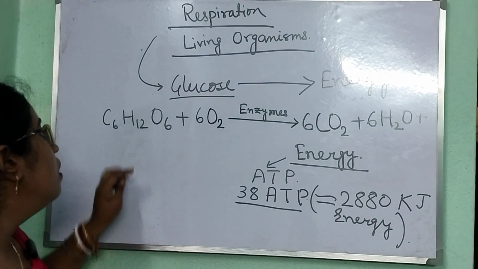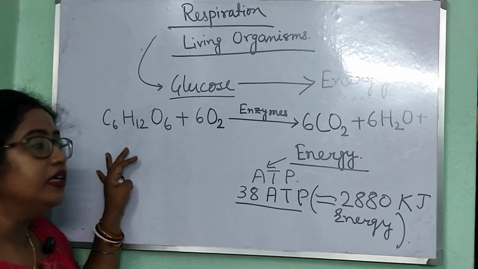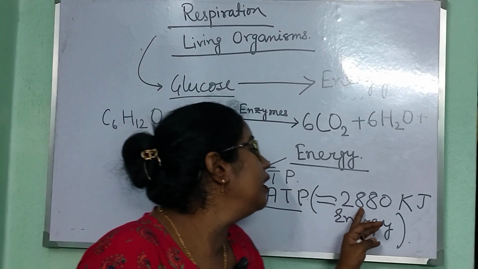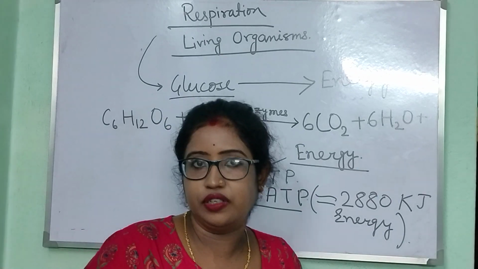So 1 gram mole of glucose releases 2880 kilojoule of energy in aerobic condition.